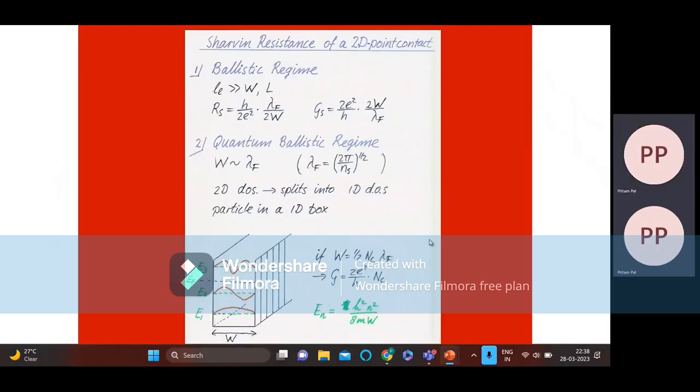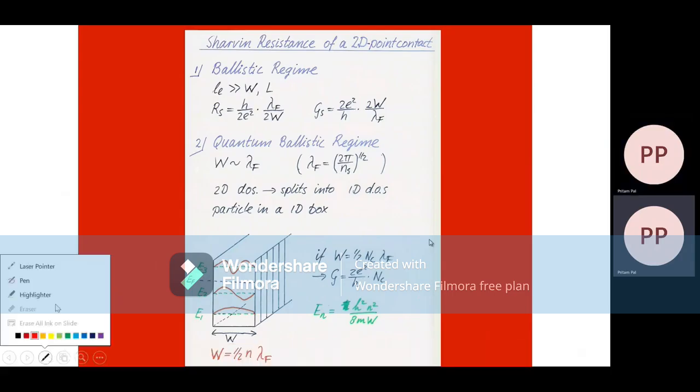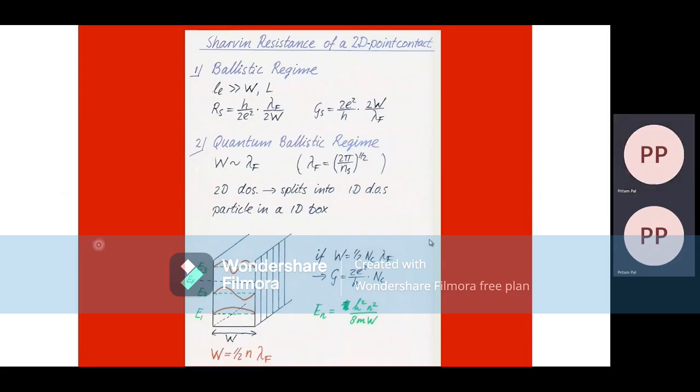So now the explanation for this, I already alluded to, this quantization, right, of the transverse modes.